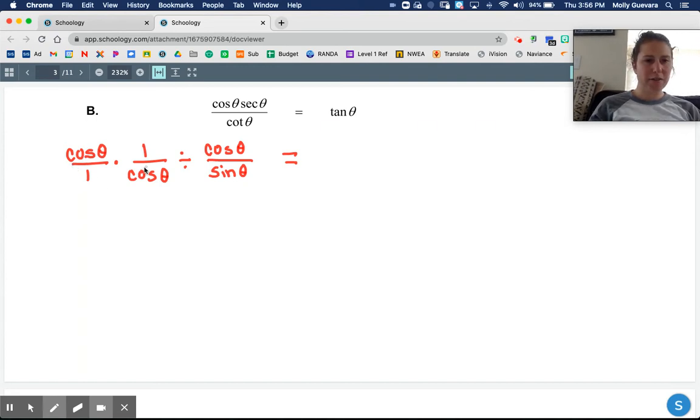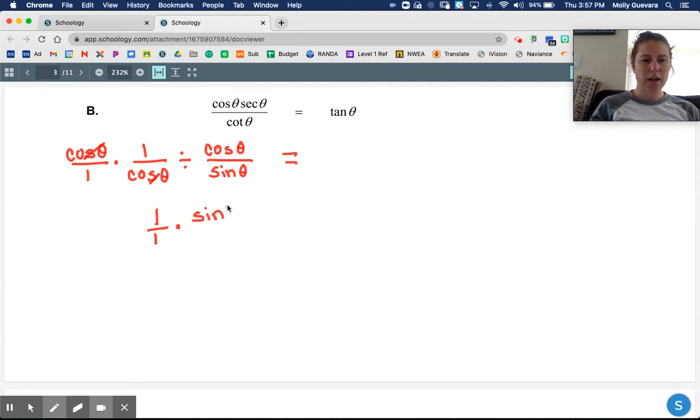Here, cosine of theta times 1 over cosine of theta times 1, the cosines just cancel, and I just get 1 over 1, right? Divided by, oh, and remember how we divide fractions? We copy, dot, flip.